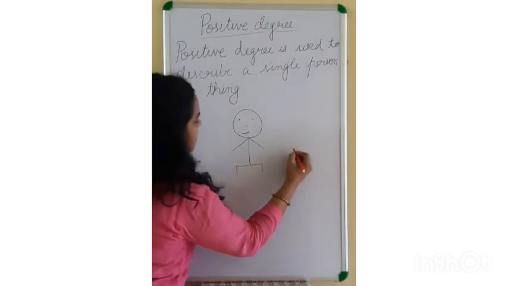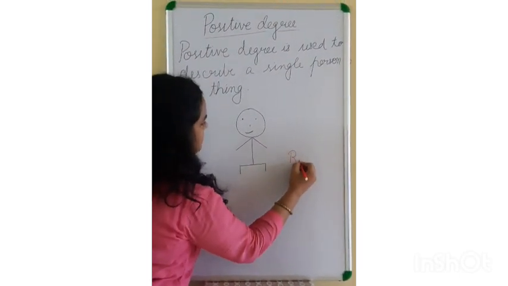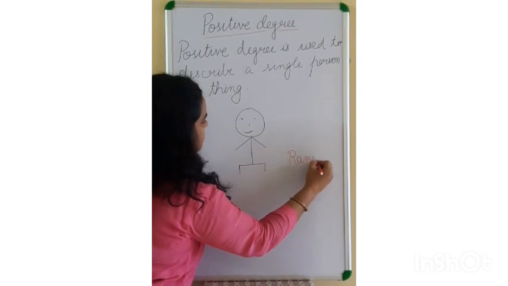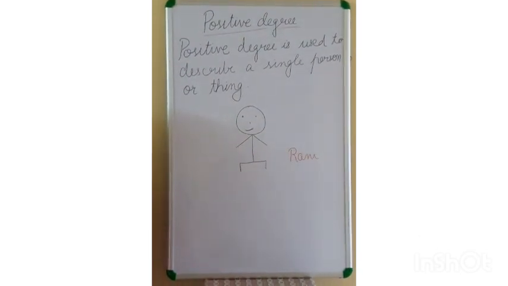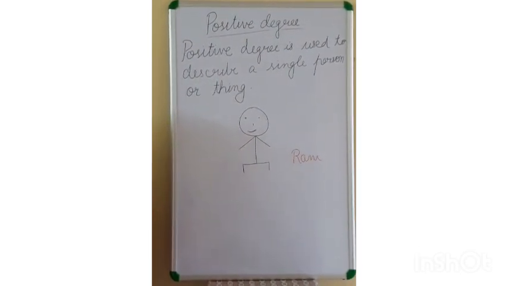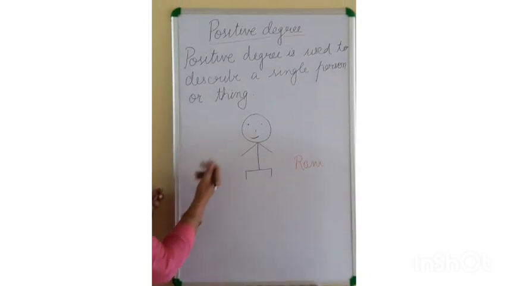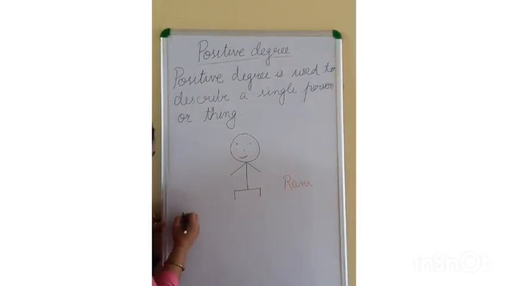Suppose this is Ram. Now when I am describing Ram, I am describing only this person. I am talking only about this person.